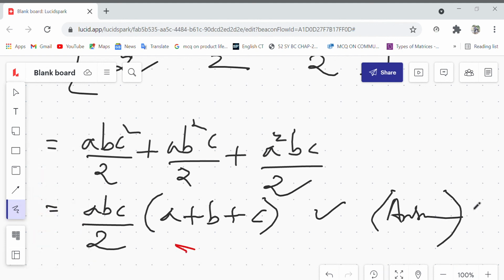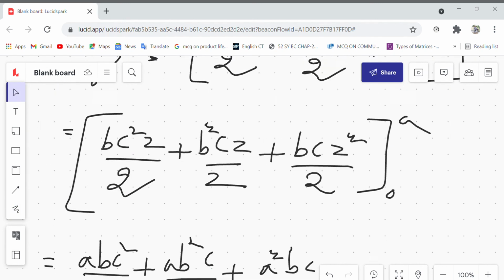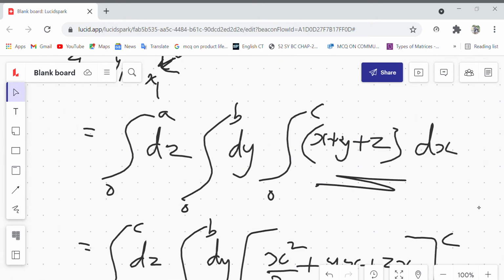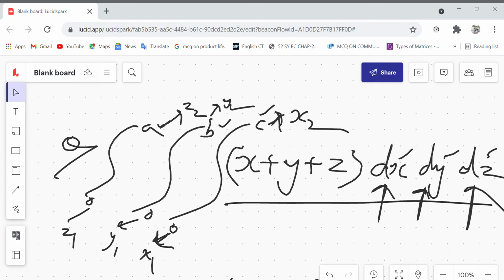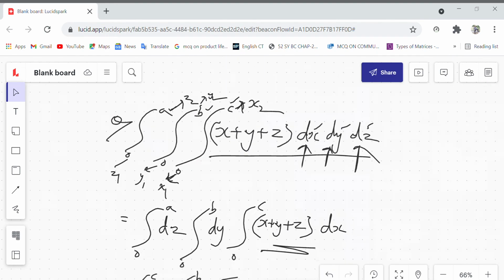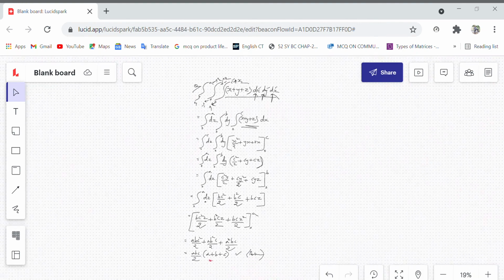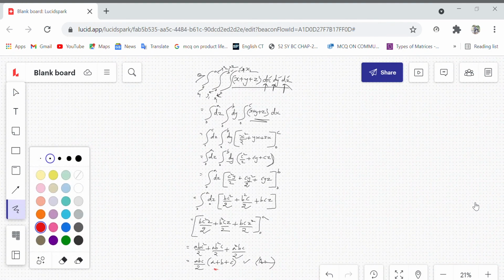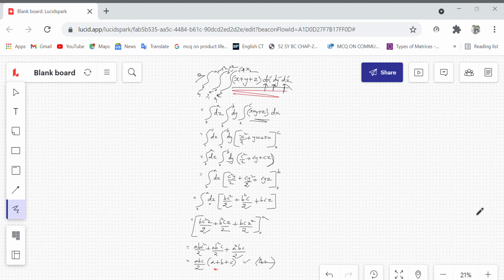So let me explain it from the beginning, then we will end this video. Basically this is the total thing. This is the question: x plus y plus z into dx dy dz, integration of 0 to c, 0 to b, 0 to a. As we have no correspondence for c, b and a, we take dx first, then dy, then dz.